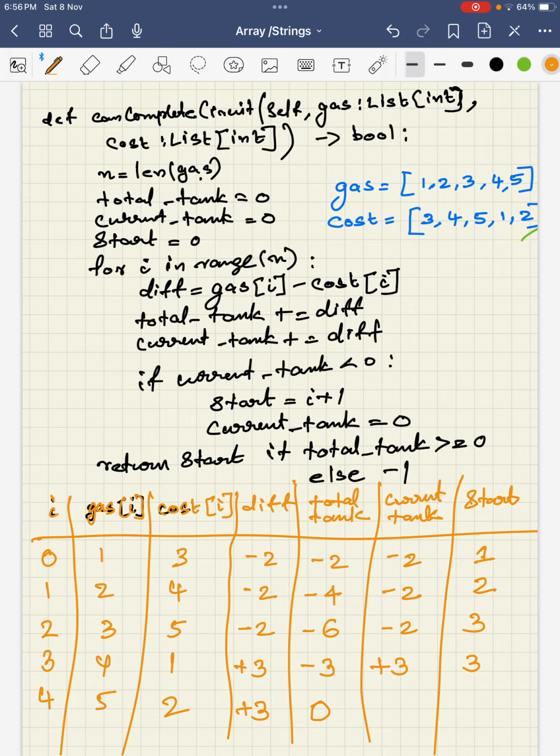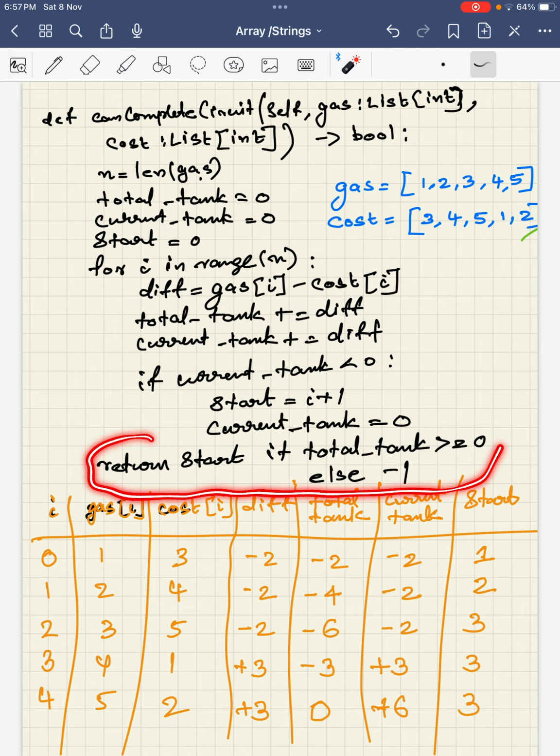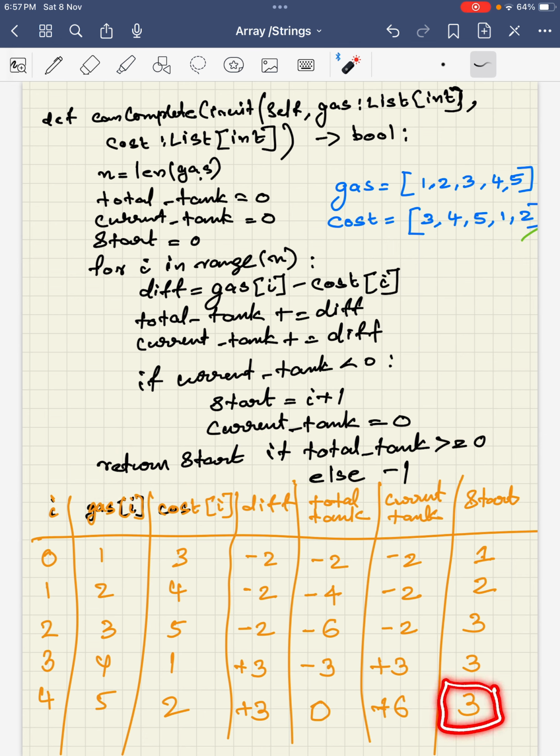Here the total tank became 0, and the current tank became +6, and you can still continue with the starting point. And see the last return statement, how it is designed: return the start if the total tank is greater than or equal to 0. In this case it is equal to 0, so we can return this number 3.